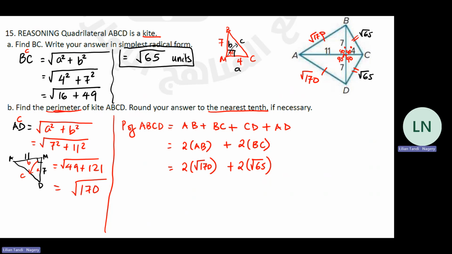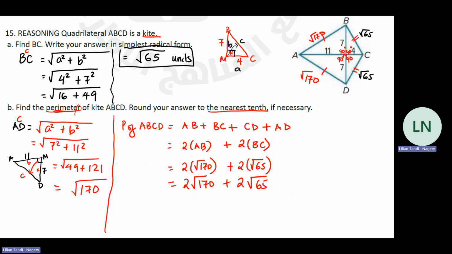Okay. Let's see. Well, you can write this as 2 square root 170 plus 2 square root 65. So you put it like that in the calculator, okay? Plus 2 square root 65.